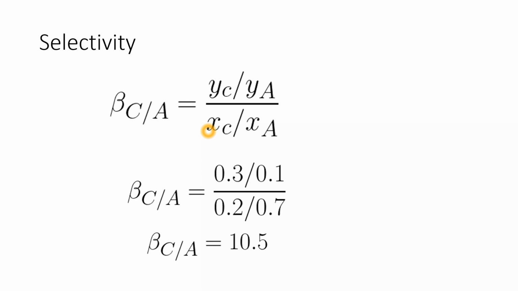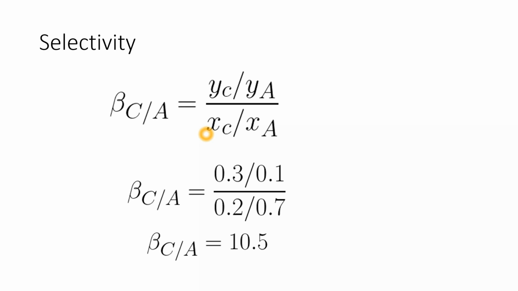XC is the mole fraction of the solute in the raffinate, and XA is the mole fraction of the species A in the raffinate.